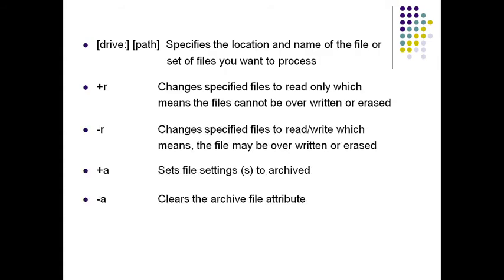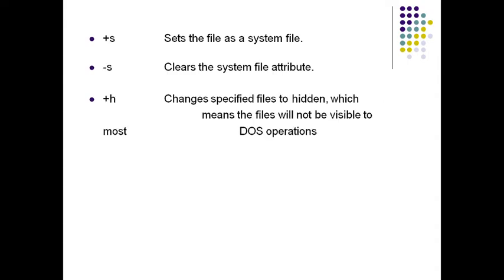Next, minus A clears the archive file attribute. Plus A sets file settings to archived. Minus A clears the archive file attribute. Plus S sets the file as a system file. Minus S clears the system file attribute.